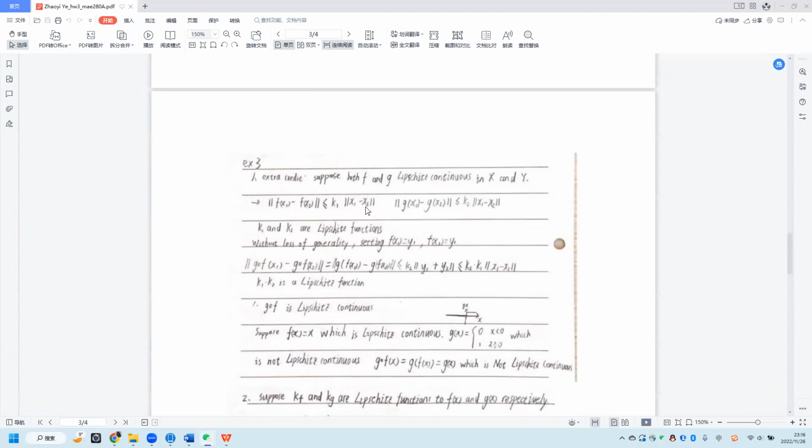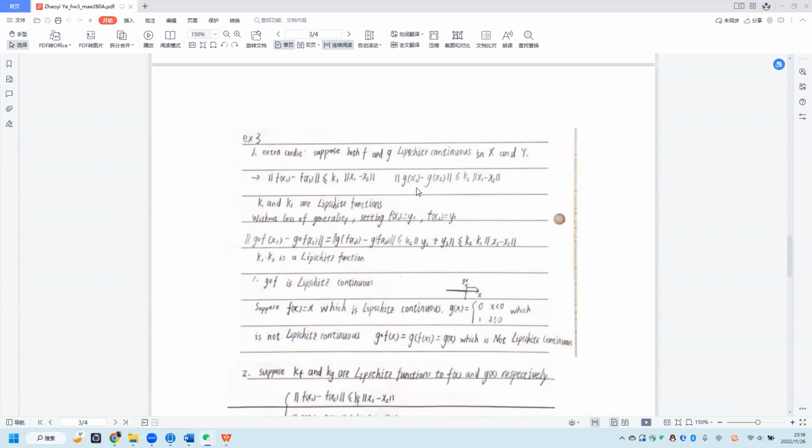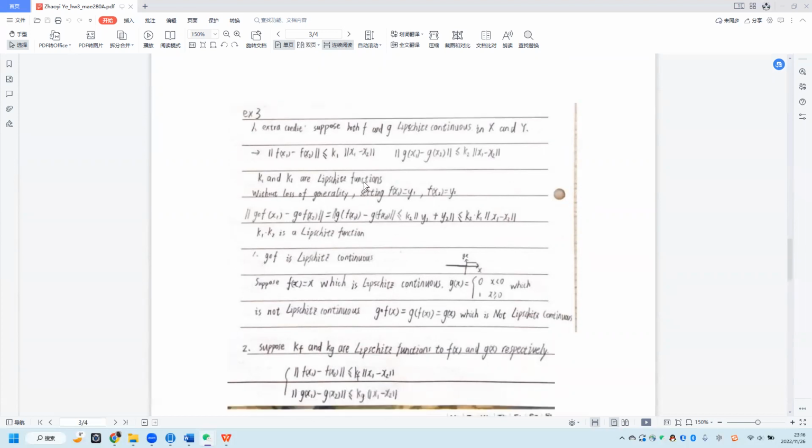So we can write two Lipschitz continuity inequalities, where k1 is the Lipschitz constant for f and k2 is the Lipschitz constant for g. To prove that g circle f is Lipschitz continuous, we have to generate inequalities similar to this one.